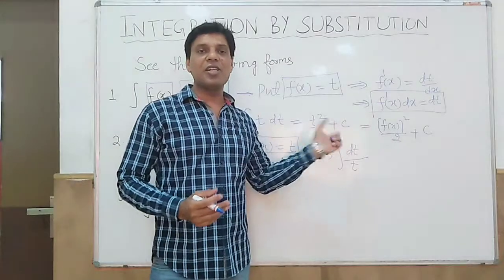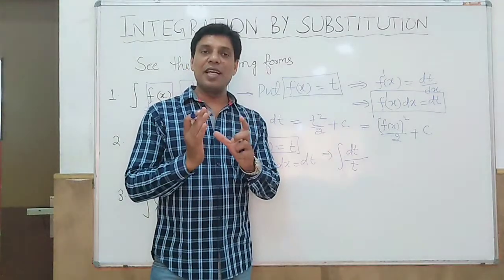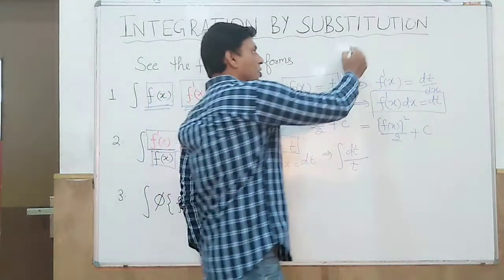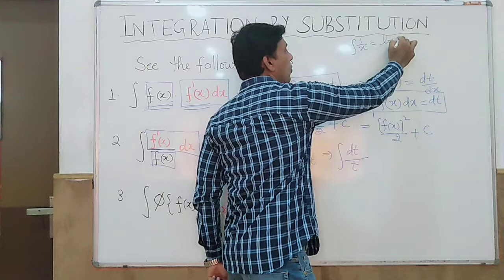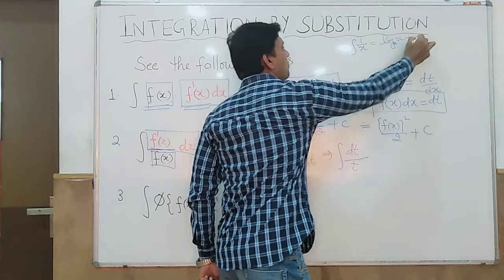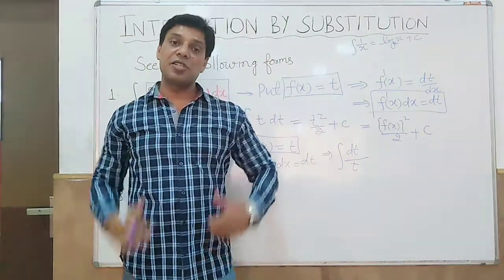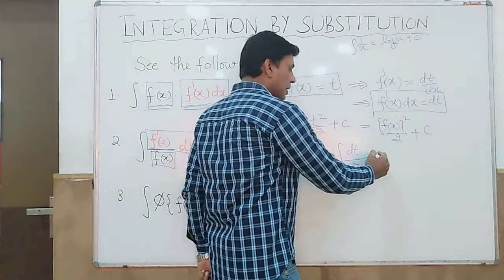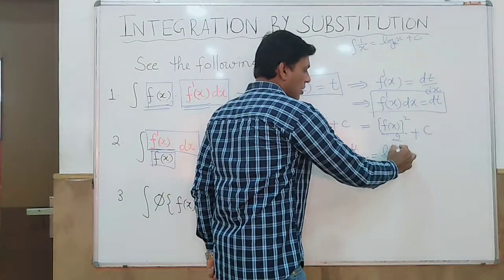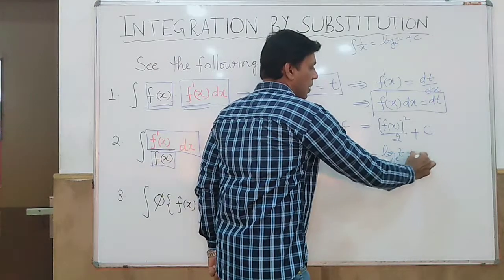This is the integration of 1 upon t. And you know the integration of 1 upon x? You know very well, integration of 1 upon x is equal to log x with base e. This is the 1 upon x integration. Similarly, the integration of 1 upon t will be log t plus c.